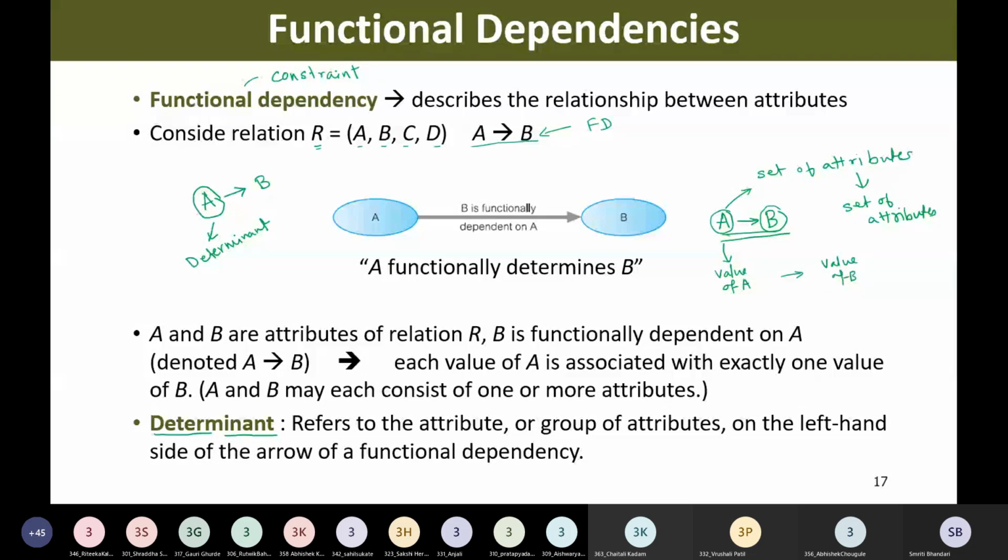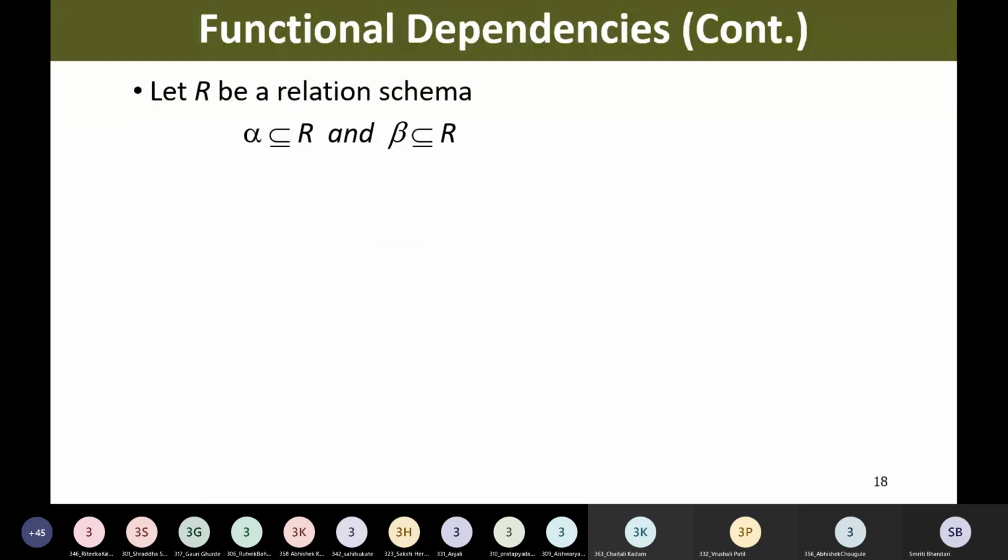Now let us see this definition formally. Let R be a relation schema and we are having two subsets, alpha and beta. Both are subsets of this relation schema capital R. Obviously this capital R is the relation schema, meaning R has some set of attributes.